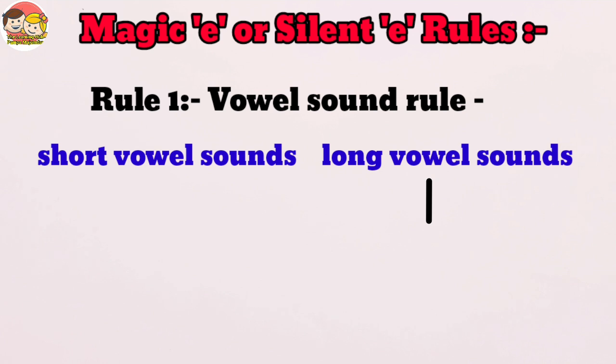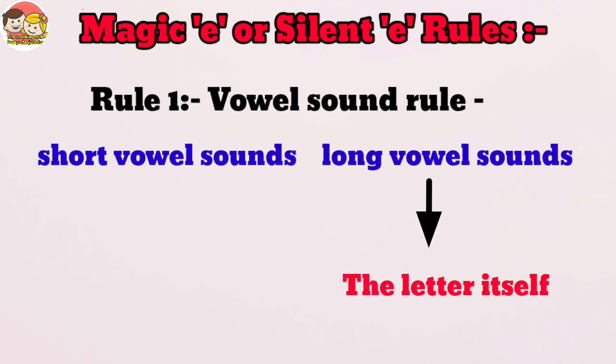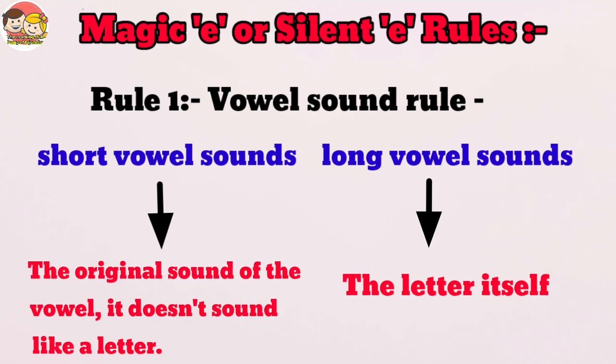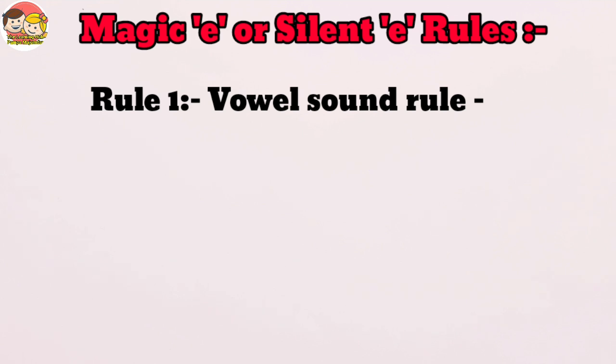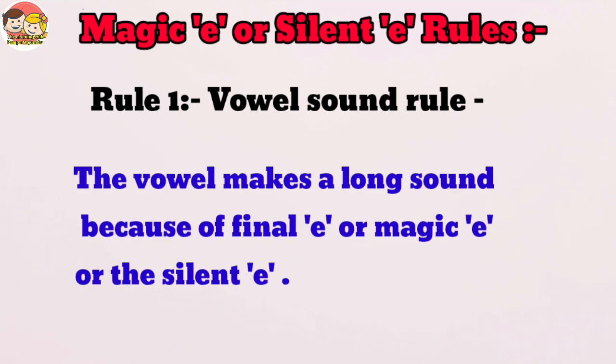Long vowel sound means the letter itself, and short vowel sound means the original sound of the vowel. It doesn't sound like the letter. So in this rule, the vowel makes a long sound because of the final or magic E or the silent E.